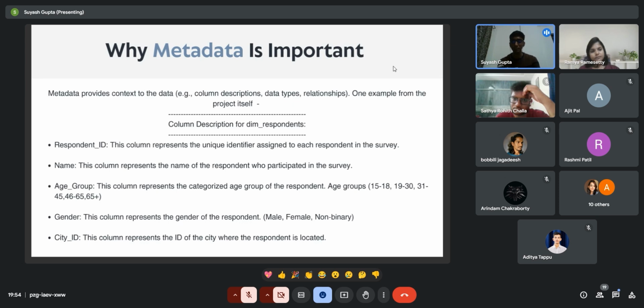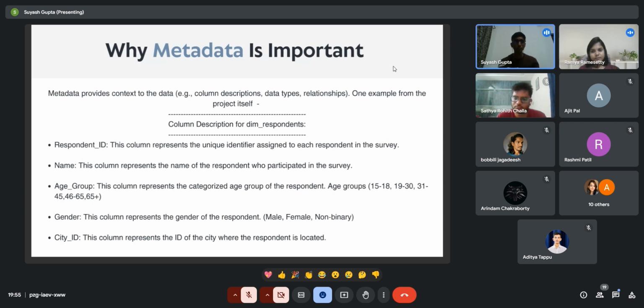So we will provide you another example from the project itself. We have taken an example of the dimension table, which is DIM respondents, and the columns included here: respondent ID, name, gender, and city ID. Respondent ID provides a unique identifier assigned to each respondent in the survey, and this unique identifier also describes the name for the same respondents, which we have in the name column in the respondents table.